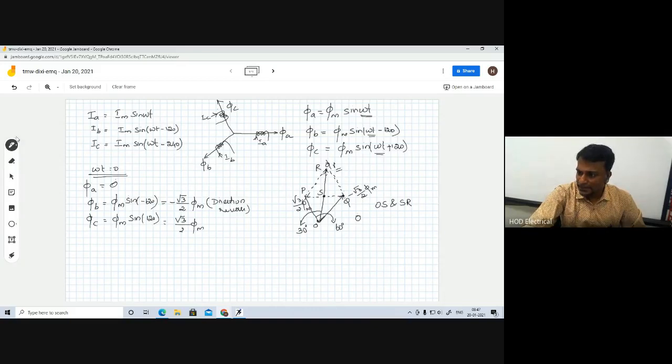Then the resultant is nothing but OS plus SR. So now we know that we can find this angle of cos. One more thing I would like to let you know: this angle is also 30 degrees. Sorry, 60 degrees; the half will be 30 degrees.